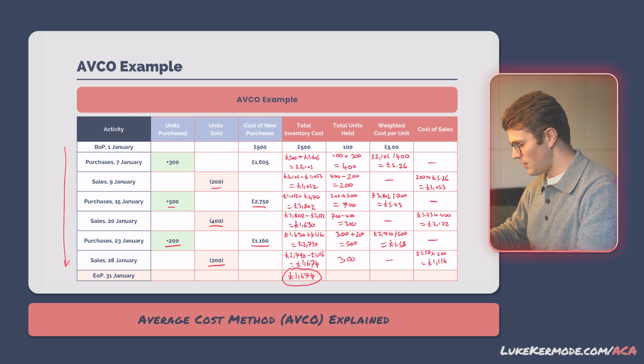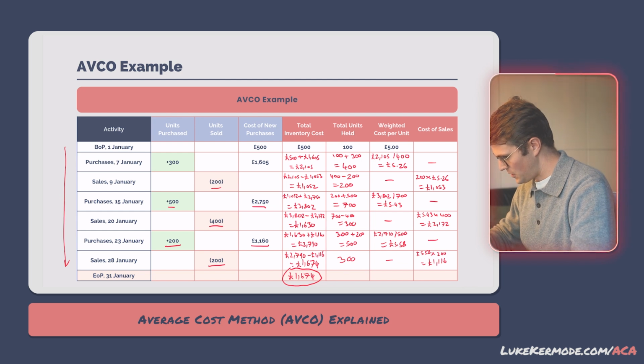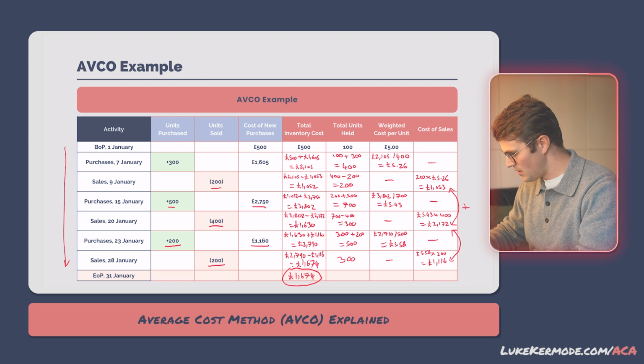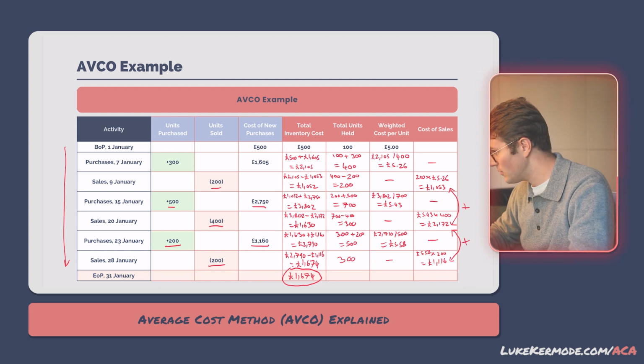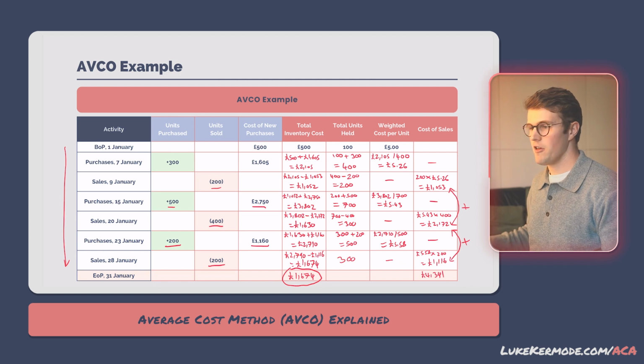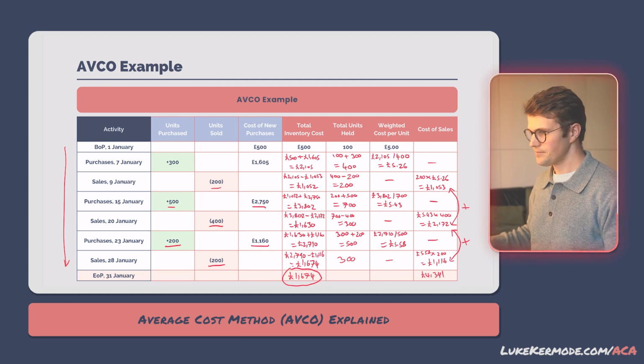And we have a cost of sales equal to £1,053 plus £2,172 plus £1,116, which equals £4,341. That's our cost of sales for the period. You need to aggregate everything in that column.